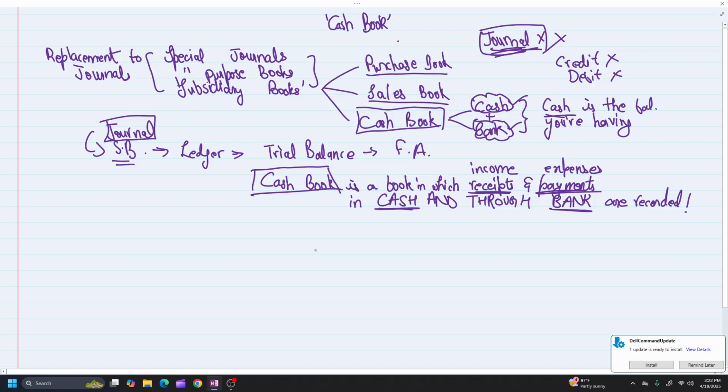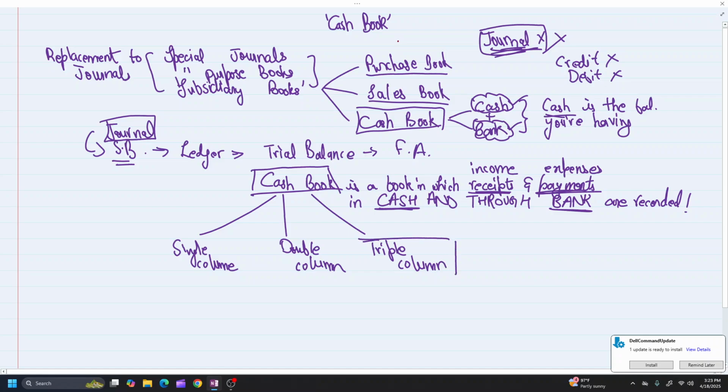Now cash book is of three types. There are types of cash book, that is single column, double column, triple column. Triple column is the one that you will be seeing most of the time in your exam. We will go through the single column and the double column also, but I'm telling you in advance, triple column is something you need to know very clearly, because this will help you to score well in your exams.